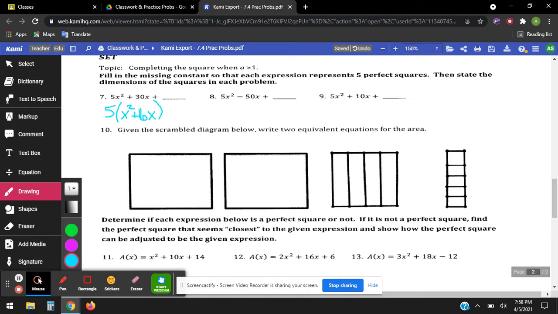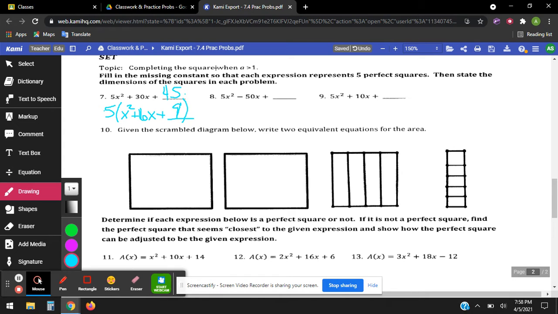So if I want to complete the square here, I got to take half of 6, which is 3. 3 squared is 9. So in this case, to complete the square, I need to have a 9 there. 9 times 5 is 45. So 45 is my completing that.